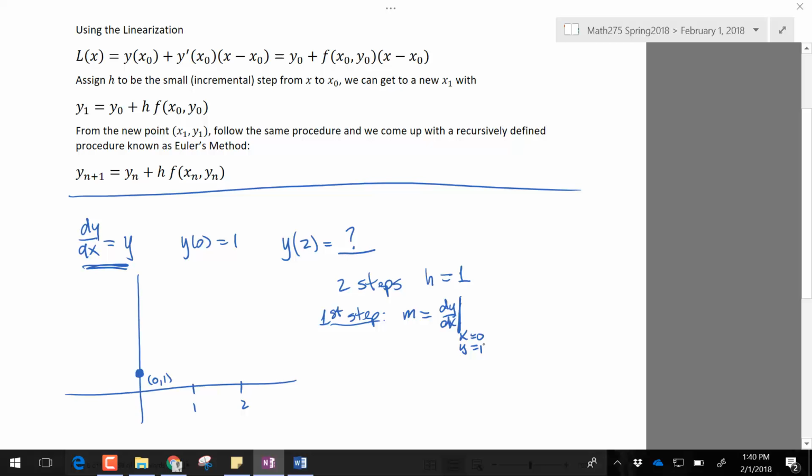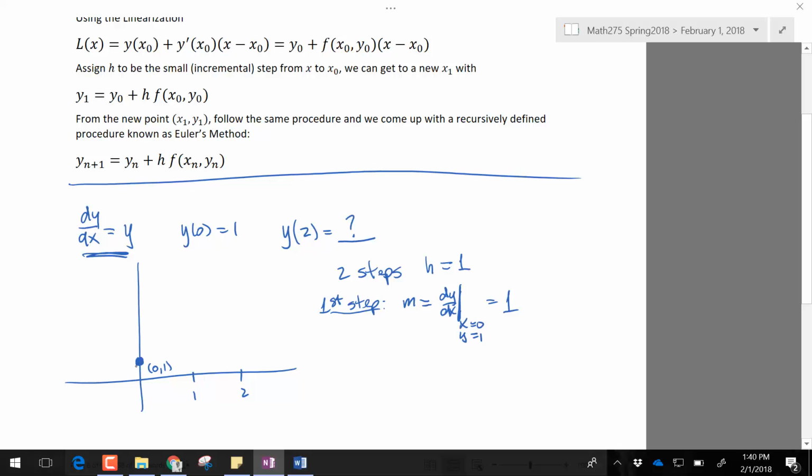That's the point that we're at right now. Here I only have a y, so my slope does not depend on x. But y is equal to 1, so my slope must equal 1. So that means from here, I'm going to have a slope of 1.